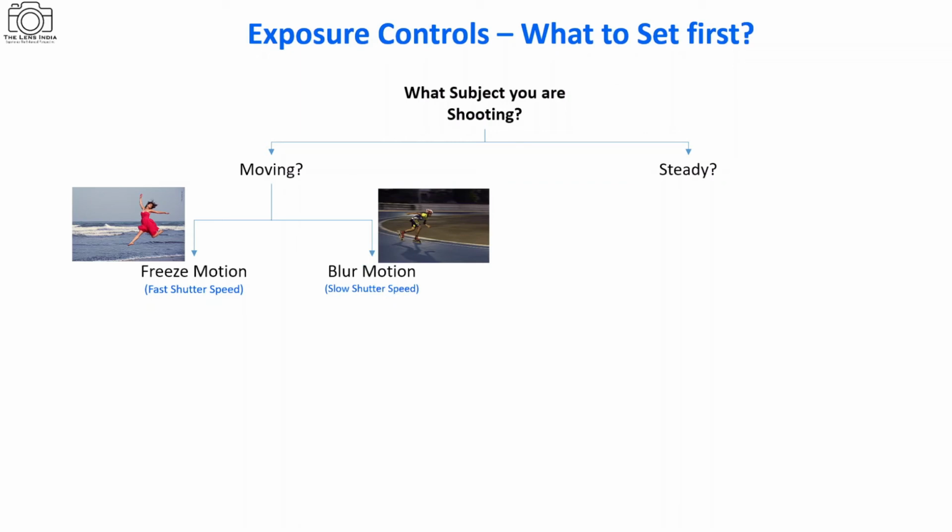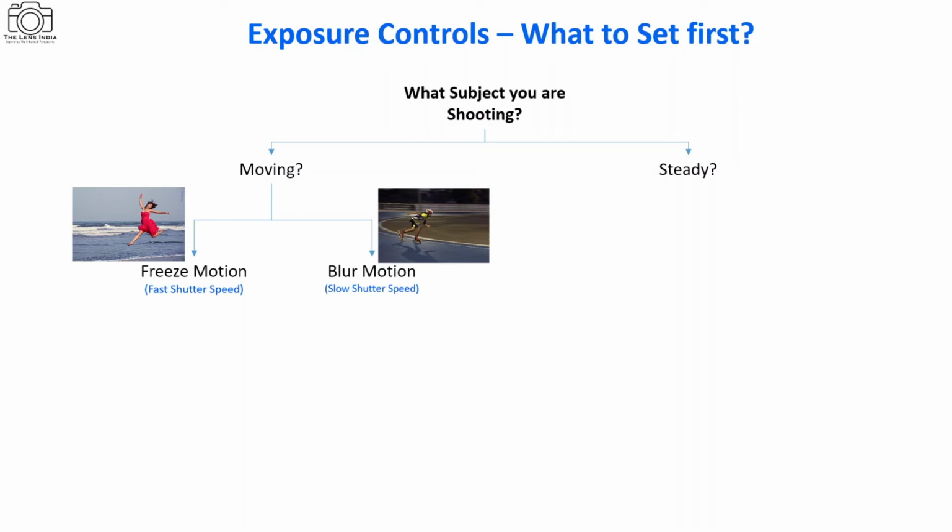If you see the background of the subject, you will see that there are some trails going on, and some background is blurry, and it gives you a feel, or it is creating the effect of having some motion, that the object is moving over here. Whereas on the left hand side image where the girl is jumping, you will see that she is properly frozen. Even the background is frozen, everything is frozen properly. So whether we want to freeze the motion or whether we want to blur the motion.